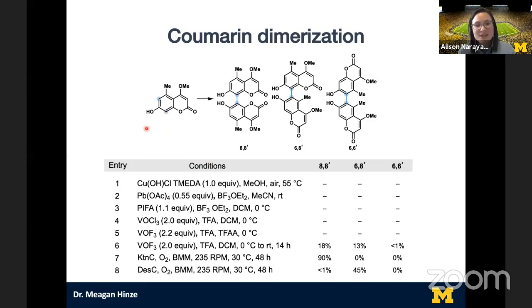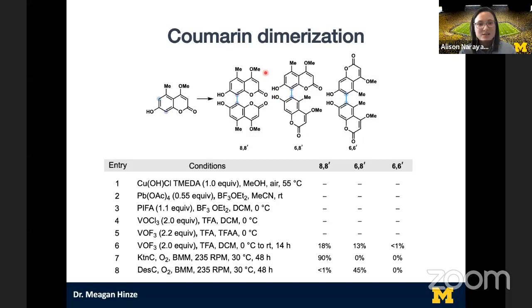We began to appreciate right away how challenging this reaction is to do when you're taking these more electron-deficient phenolic compounds, coumarins, in attempting this type of oxidative coupling reaction. A lot of the standard conditions simply gave us no product. We were able to identify some conditions that can give us modest yields, giving a mixture of different site selectivities.